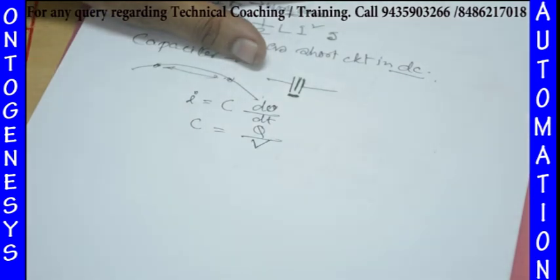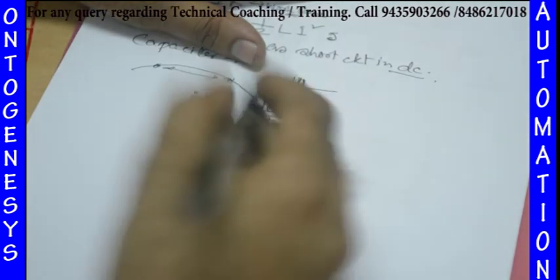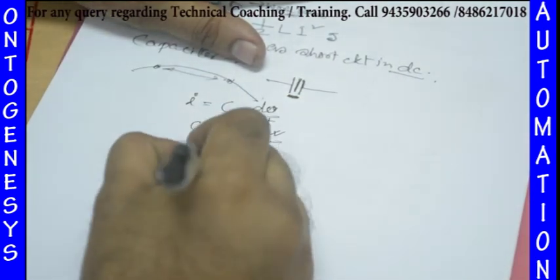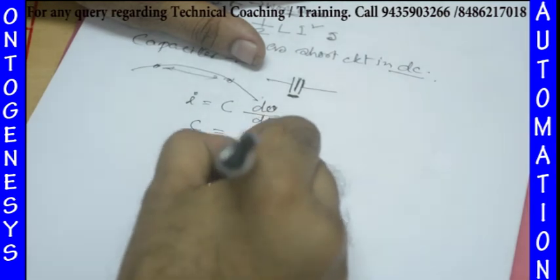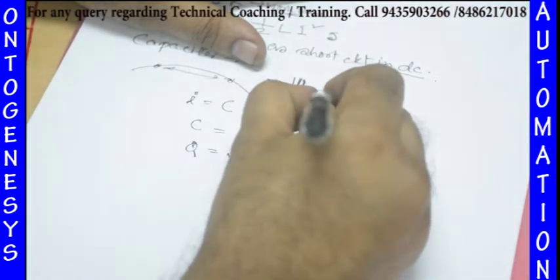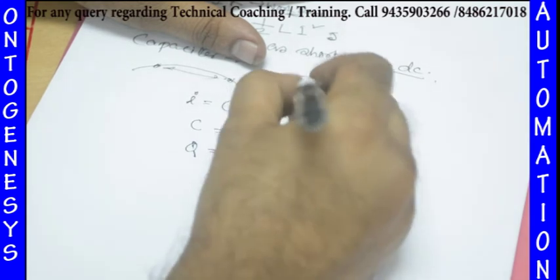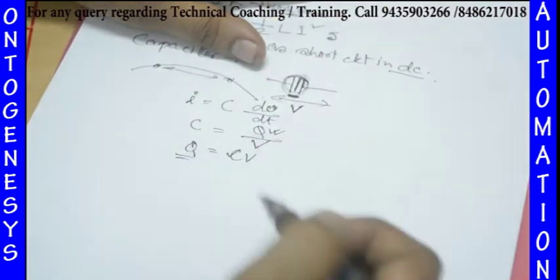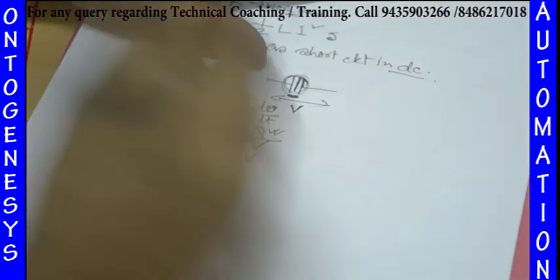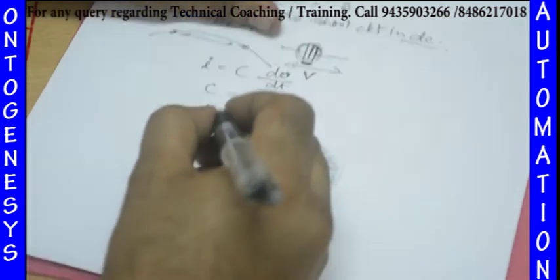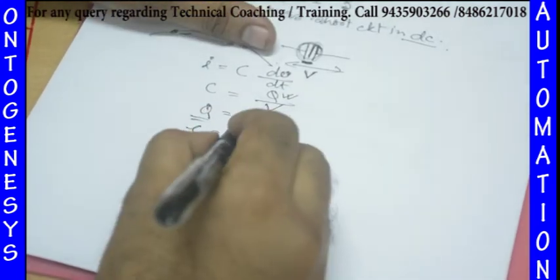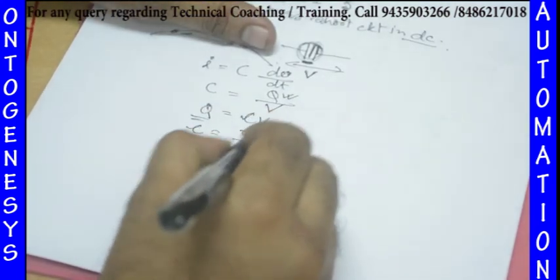So the charge on the capacitor Q is C into V, the voltage applied across the capacitor times its capacitance. C is equal to epsilon A by d.